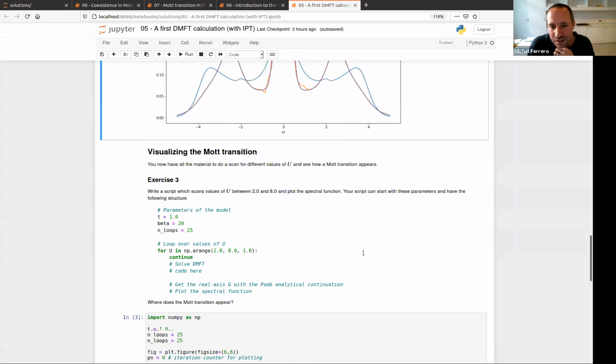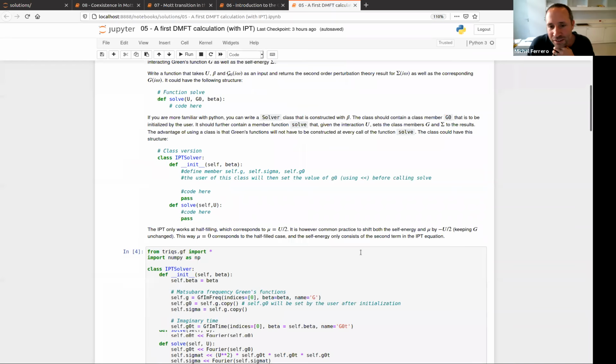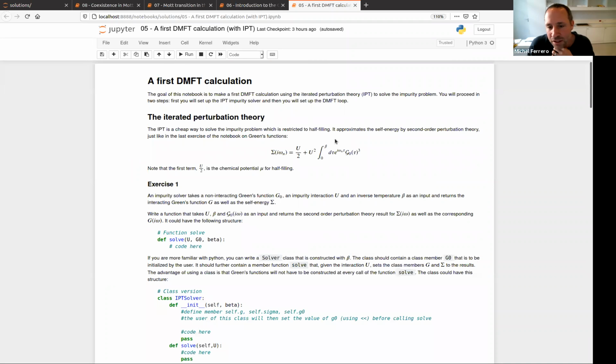The second order perturbation theory formula that we're using here should only be working for small U. But it so happens, and that's an accident of half filling, that by chance, when you use this in the large U limit, it actually gives you also sort of the correct answer for sigma. So by accident, it captures the large U limit not so badly.